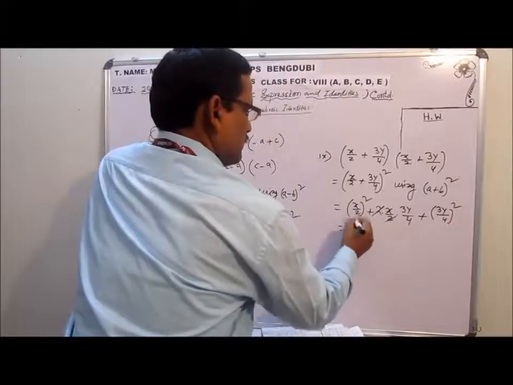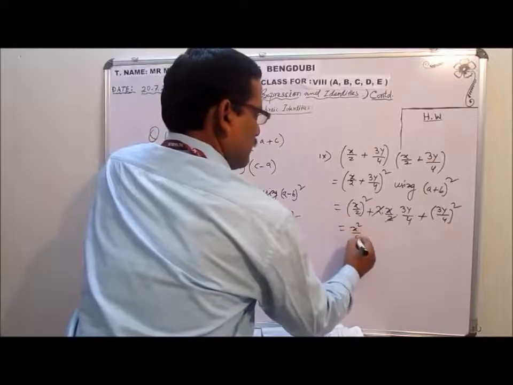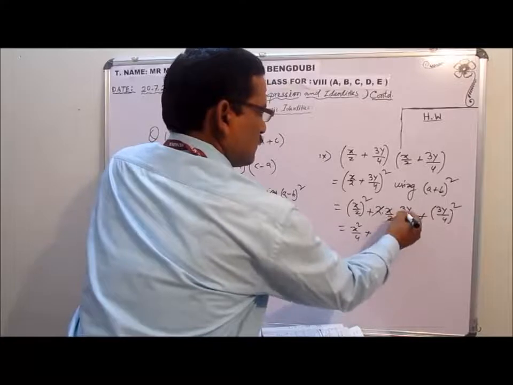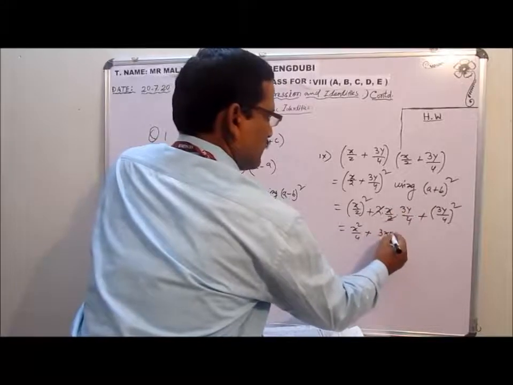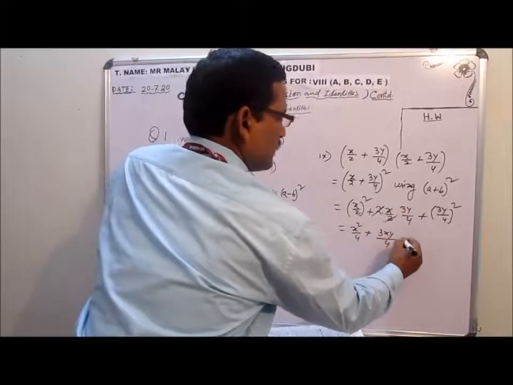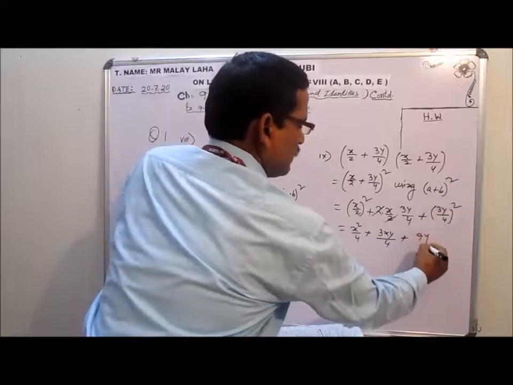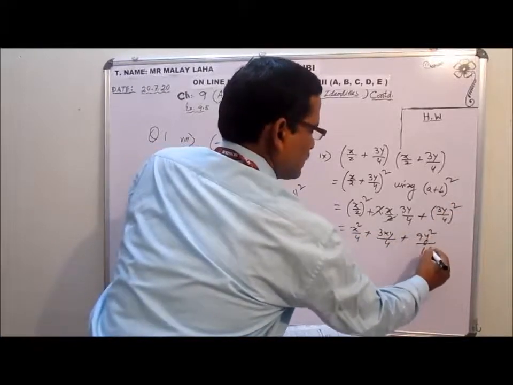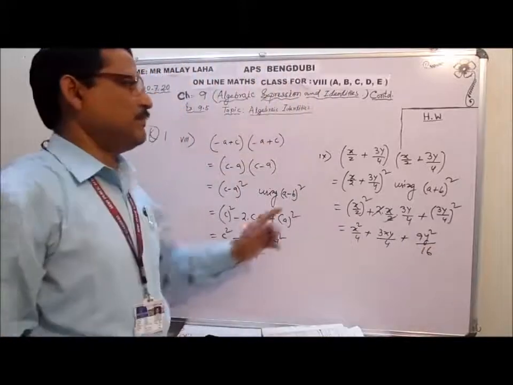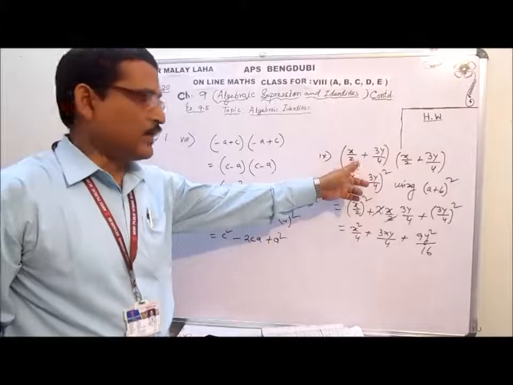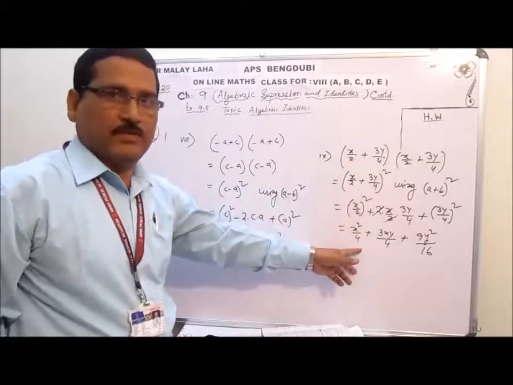It will be x square by 4 plus, is there any cancellation? No. 3xy by 4 plus, what is the square of 3y? 9y square by 16. So by using identity, this big binomial product I have simplified very quickly.